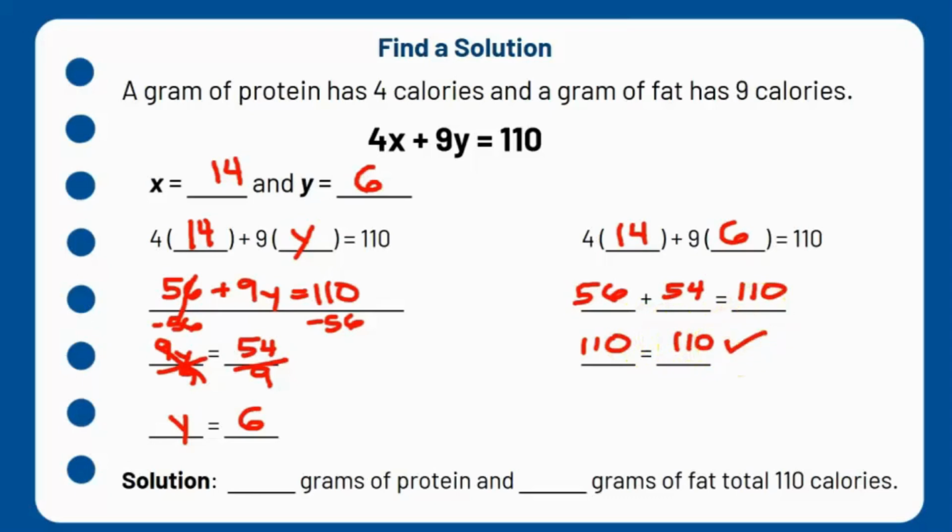Yep, that checks out. So one solution to this equation is x equals 14 and y equals 6. Remember that x represented the number of grams of protein, so we can say 14 grams of protein, and y equal to grams of fat, so we can say 6 grams of fat, total 110 calories in this solution.